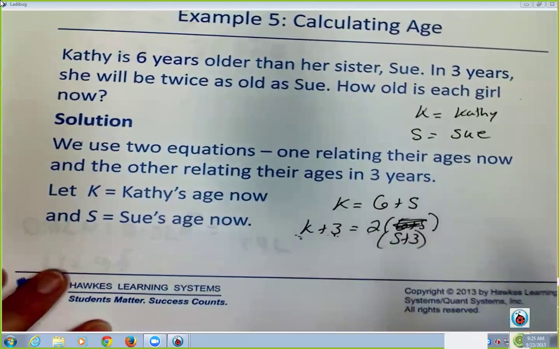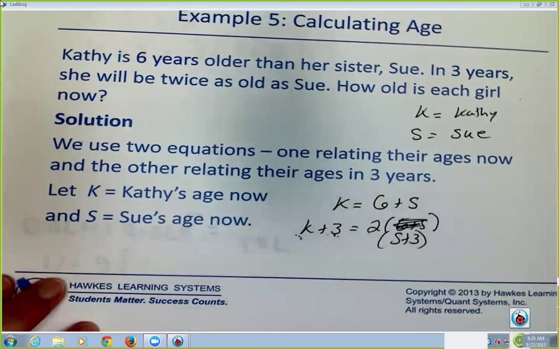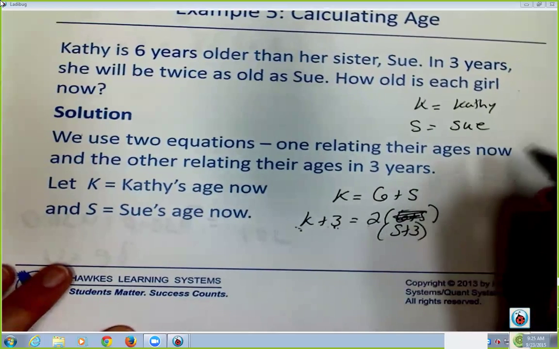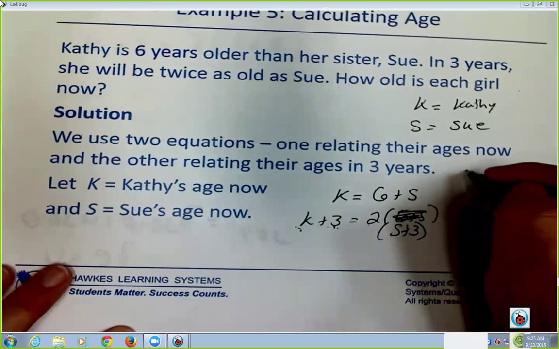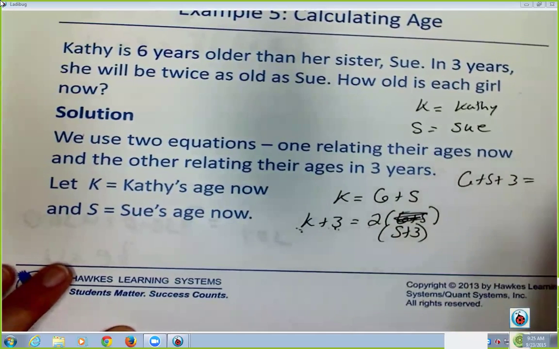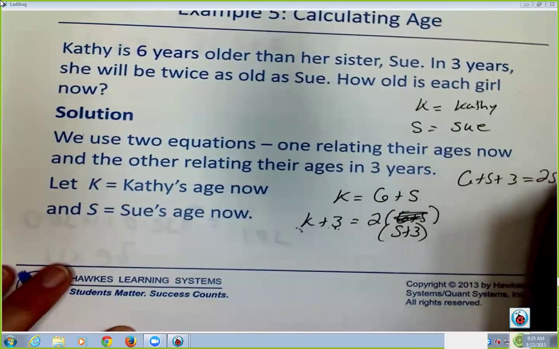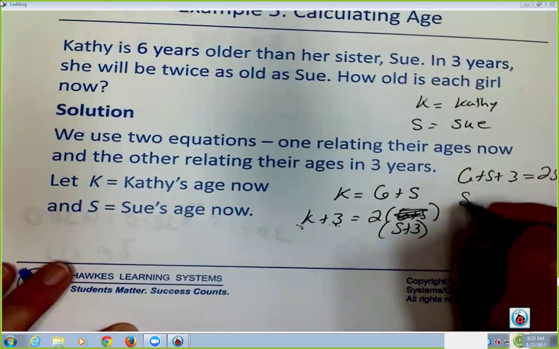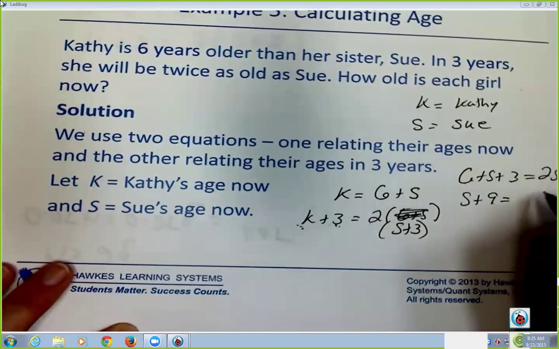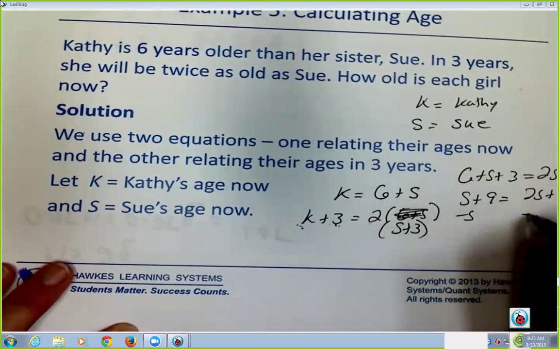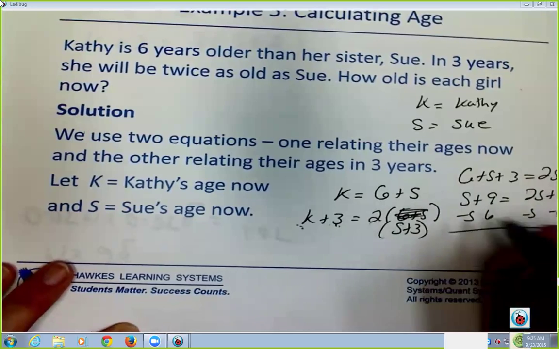S plus 3. Let's see if it works. We'll finish this one. So put this piece back in place. So we are going to substitute it in and get 6 plus S plus 3 is equal to 2S plus 6. So S plus 9 is equal to 2S plus 6 minus S minus 6.